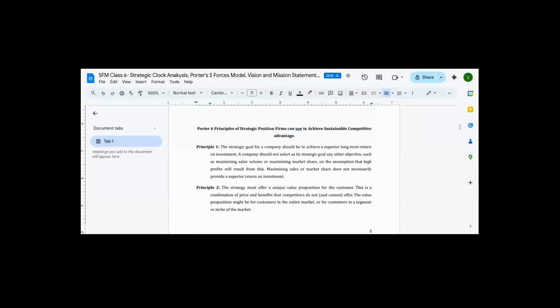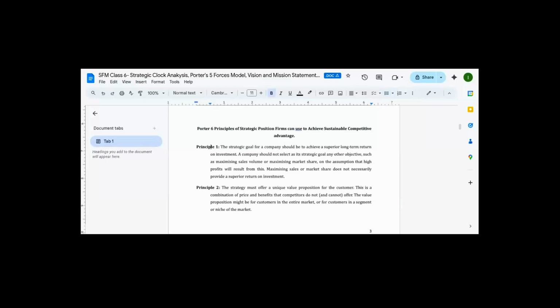I think in 2020, in CSME, they tested both strategic clock analysis and the six principles of strategic positioning. They will ask you that using the six principles of strategic positioning, you should highlight how effective is the strategy of the company. Did the company really use strategic clock analysis and these principles of strategic positioning?